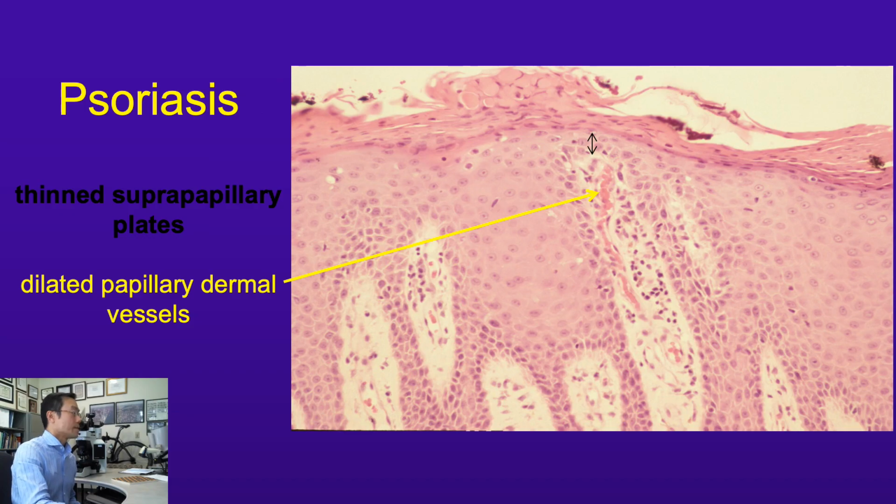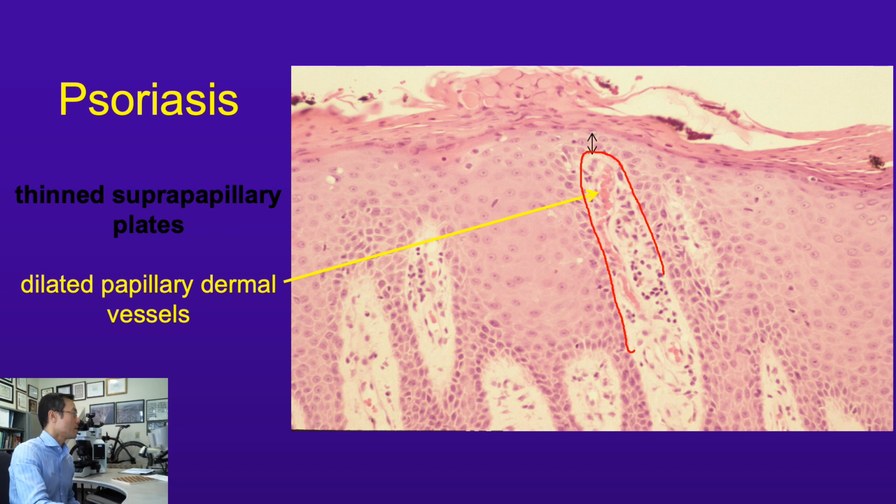Other characteristic features include thinning of suprapapillary plates. So now we're looking at the dermal papillae extending up here, and relative to the elongation of the rete ridge, this distance between the papillary dermal tip and the start of the stratum corneum, which is completely parakeratotic here, is diminished.